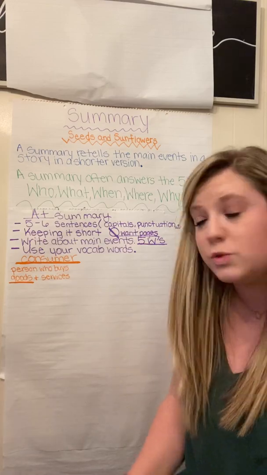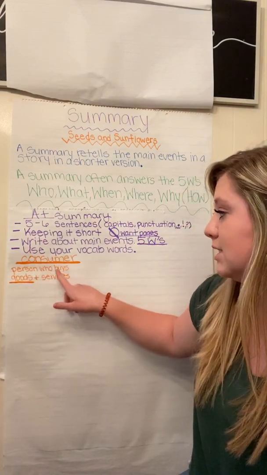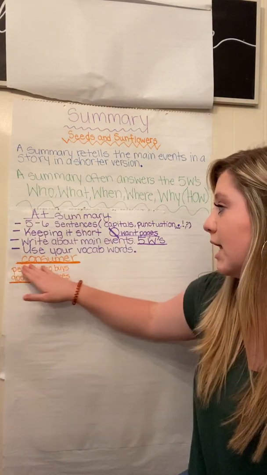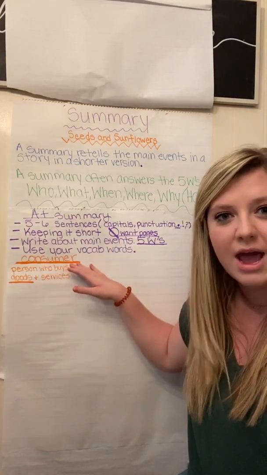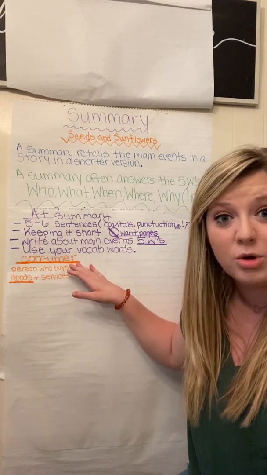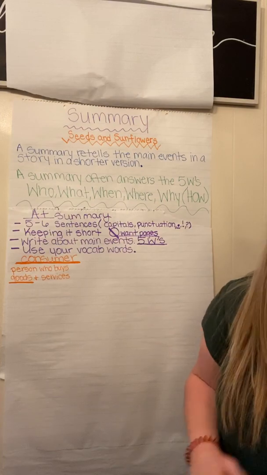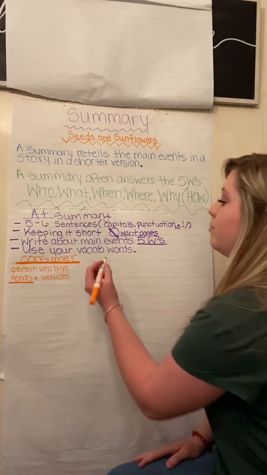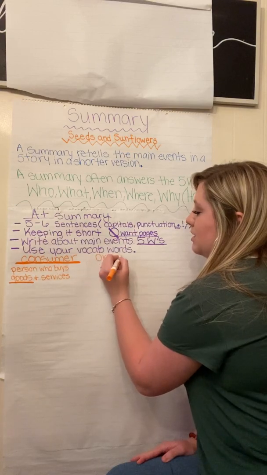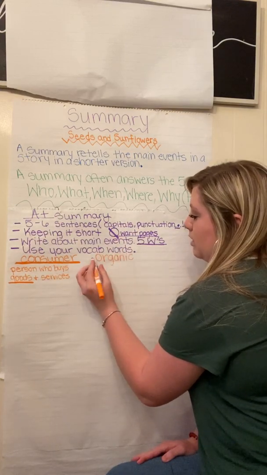His consumers would be the people who wanted to buy his goods, which were sunflowers, okay? So we always want to include those really nice, big 3rd grade vocabulary words in our summaries, okay? Another vocabulary word that you could also include would be organic, okay? Organic. We talked about this one yesterday too, okay?